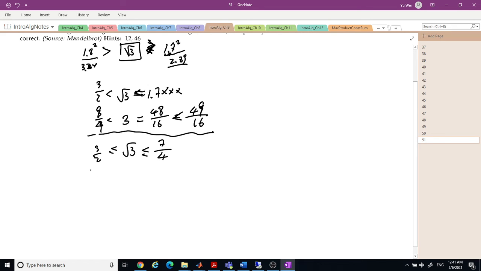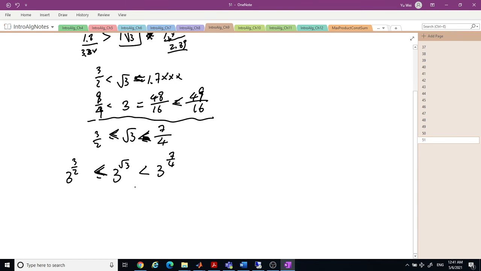Now let's do 3 to the square root of 3. I'm sorry. It should be greater than 3 to the 2 over 3, and less than 3 to the 4 over 7.